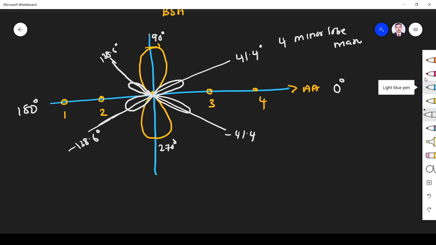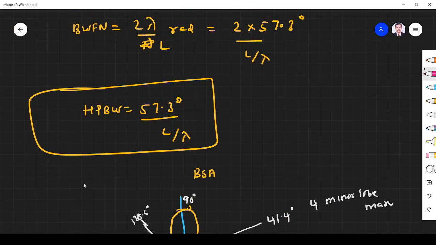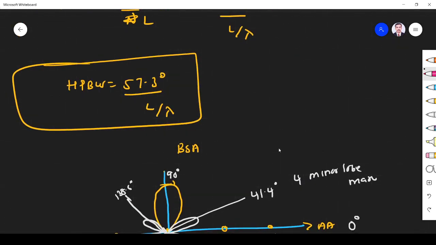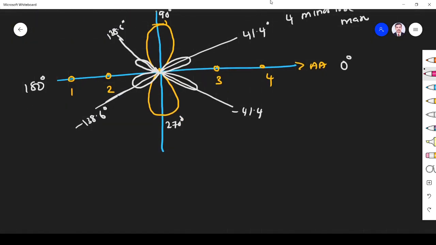Hope you remember, right? 6 minor lobe minimum. Where are those 6? 6 minor lobe minimum at 0, 60, 120, 180. Here, this is 0. Right? So this is first minor lobe minimum. 60. There is 60. And 0, 60, 120.